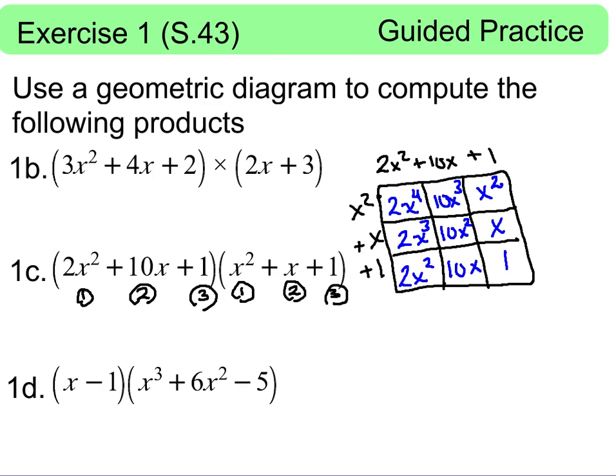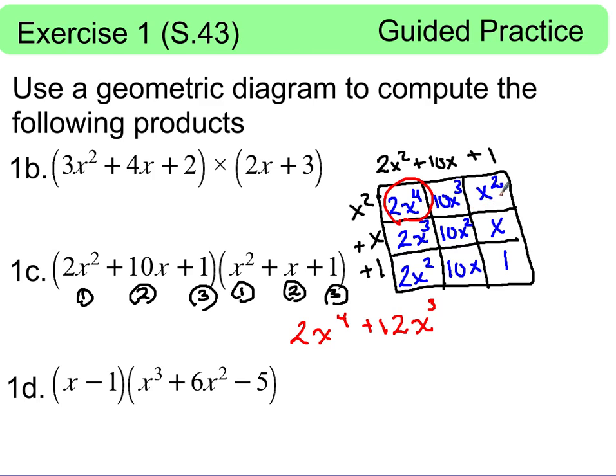So when we go through and we work our diagonal pattern, this one stays with our answer. So we have 2x to the 4th. This one right here, 2 plus 10 is 12. We'll keep the x to the 3rd power.